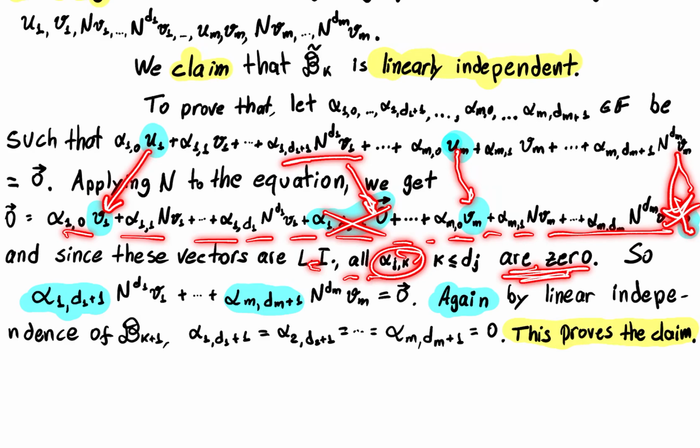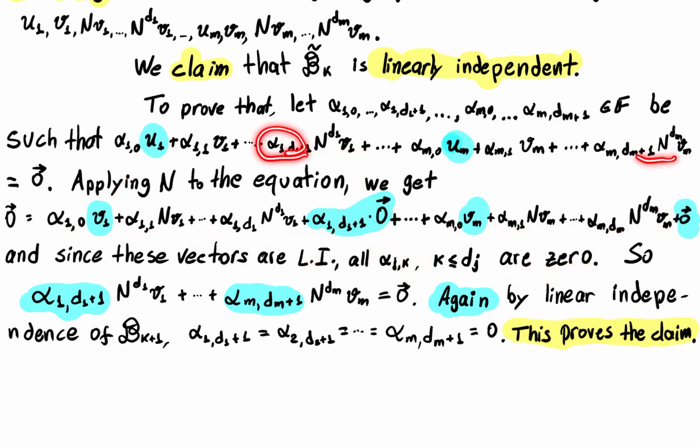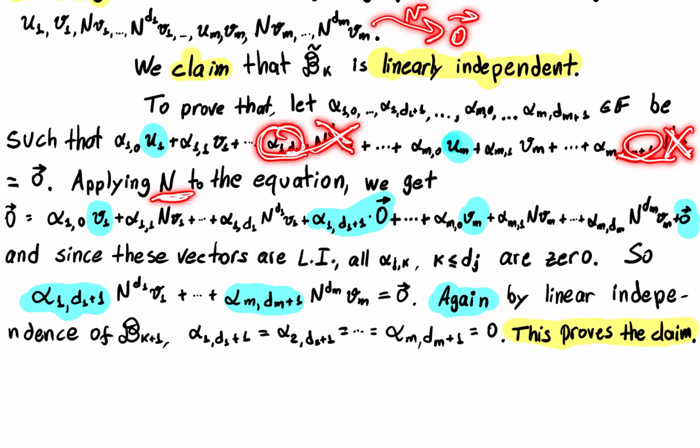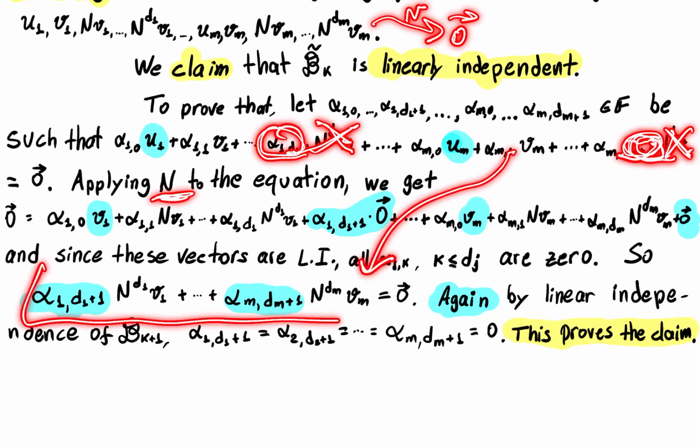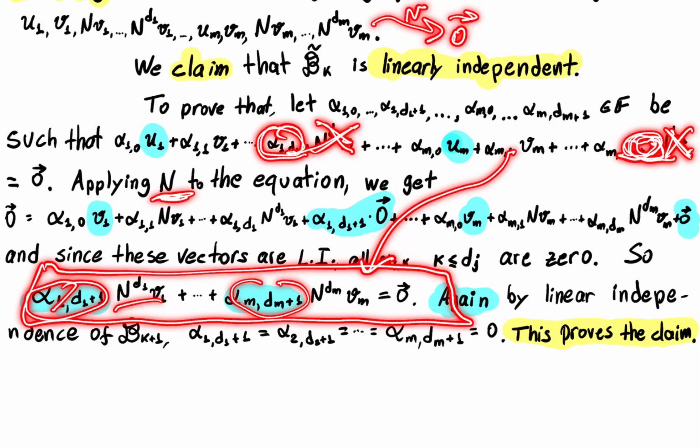Are you sure? All of them are 0? Oh, not yet. These ones we don't know anything about, because these are the last vector in the chain, and when we applied n to the equation, they vanished, because these vectors go to 0 when we apply n to them. So these ones we don't know yet that they are 0. But now every other coefficient is 0. So the previous equation, if we look at it, became much shorter. And now we see they have to be 0, because these are linearly independent.